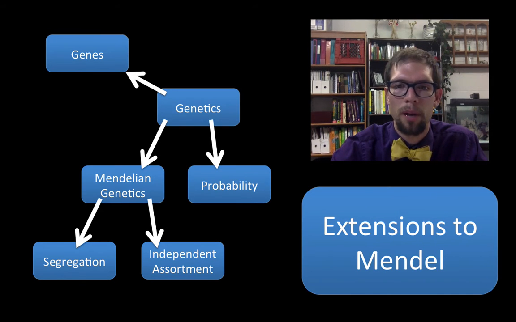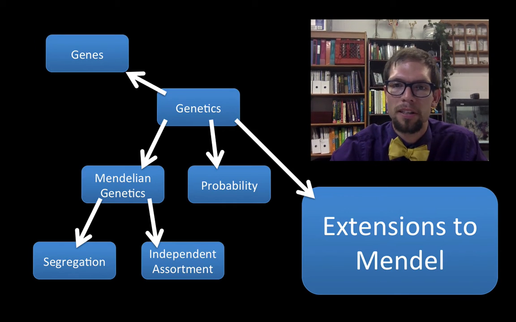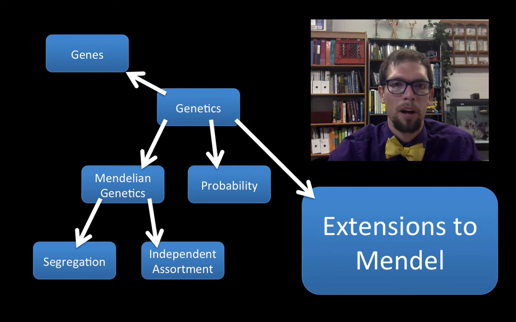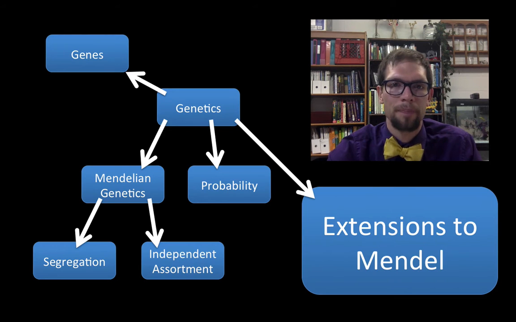We'll also talk about probability, because this is pivotal to our understanding of genetics, and what Mendel was observing was equivalent to probabilities. There is a lot more to genetics than Mendel, and we'll get to that in a future video, so I want to emphasize some of the basics here before we get into that.